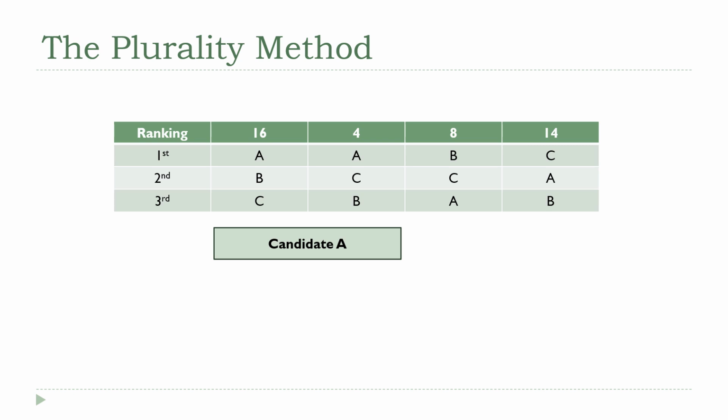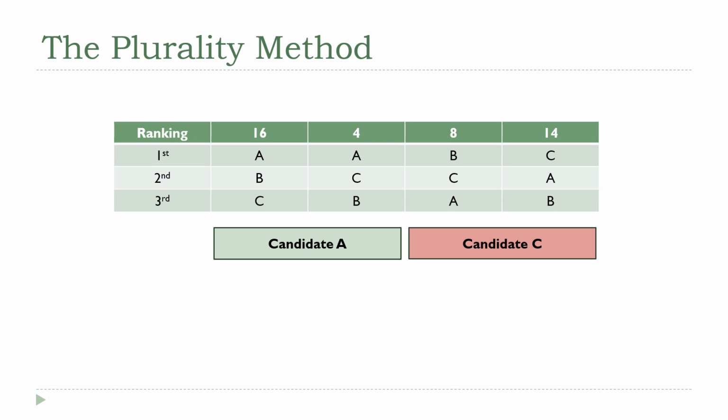However, if you look at one-on-one voting versus candidate C, candidate A is preferred to candidate C by the people in those first two columns, those 20 first place votes. However, in the other two columns, candidate C is preferred to candidate A, and those two columns amount to 22 votes.